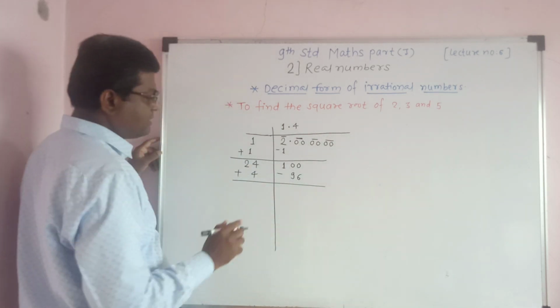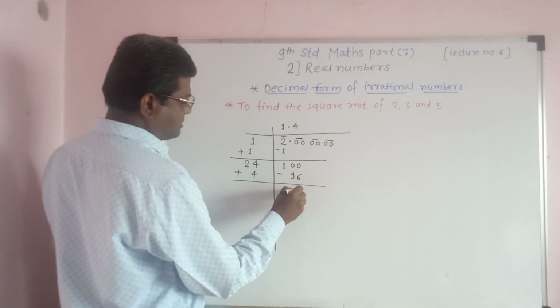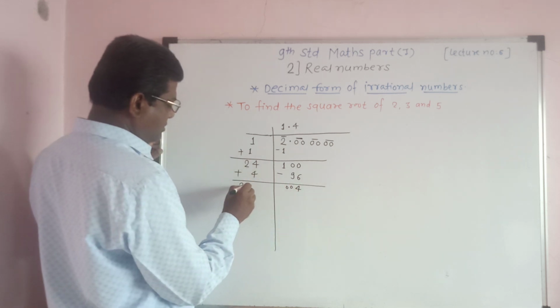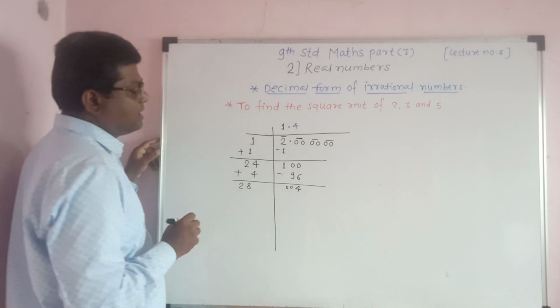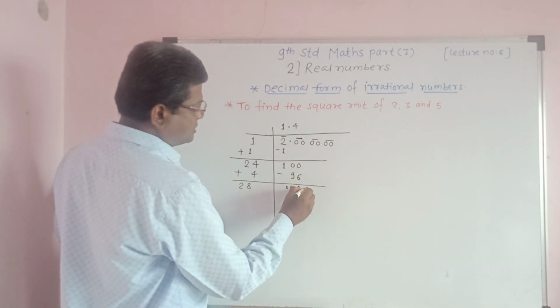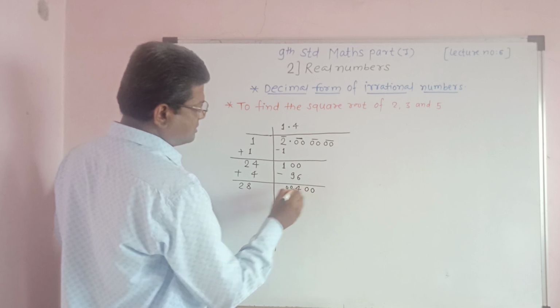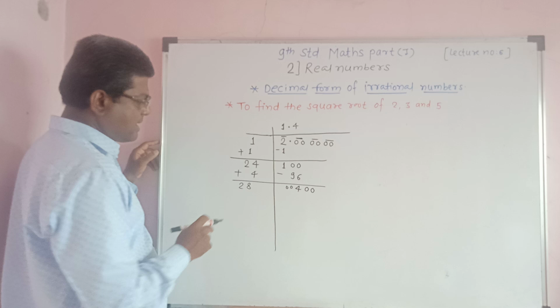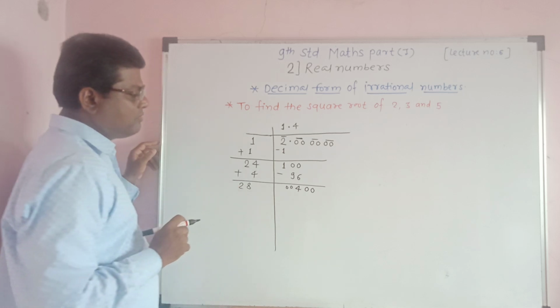So 100 minus 96 is 4 here, and 24 plus 4 is 28. Now take a group of 2 zeros down next to this 4. So the number is now 400 and here is the number 28.